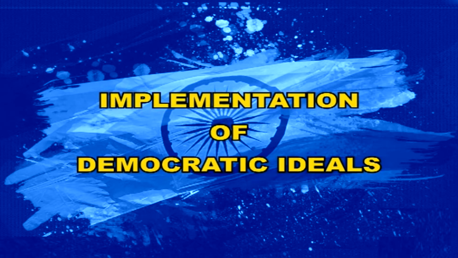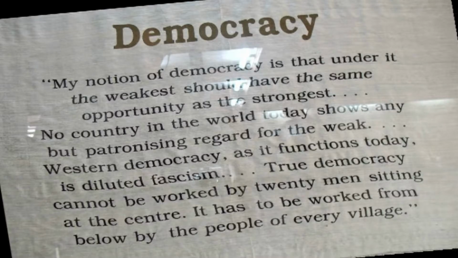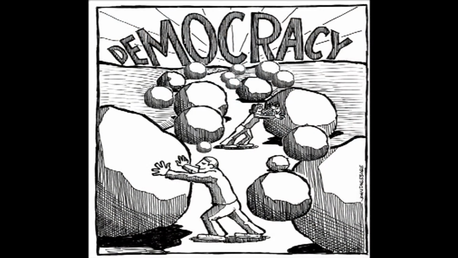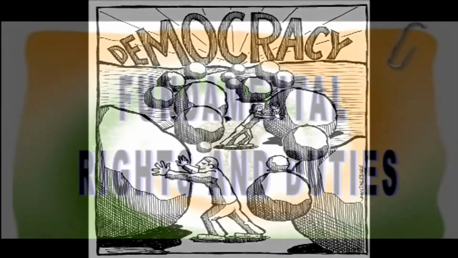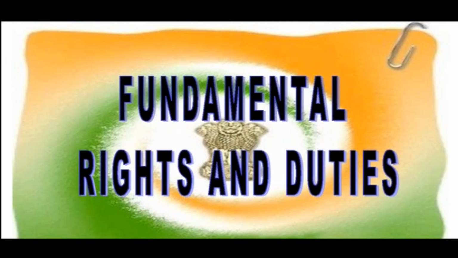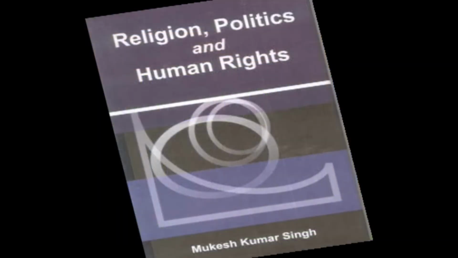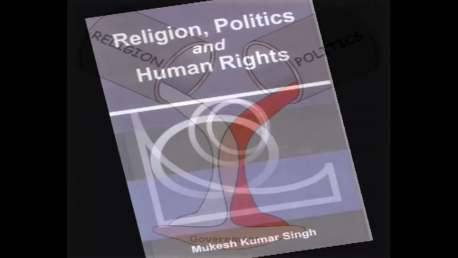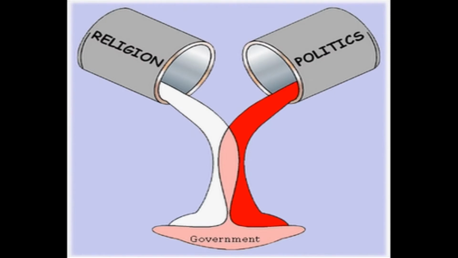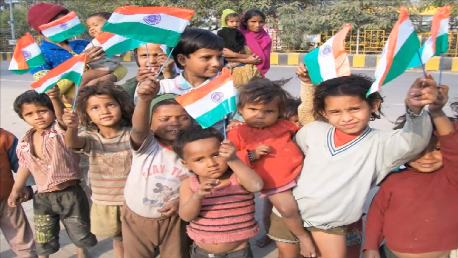Next, implementation of democratic ideals. It will be necessary to take the help of democratic education to make democratic views widespread in order that they percolate down to social, religious, political and cultural spheres of human life.